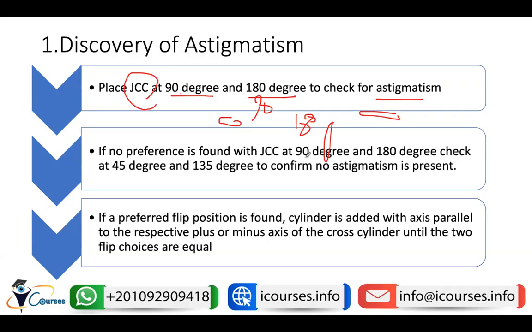Let's say, for example, when you put the Jacksonian cross cylinder at 90 degrees and 180 degrees, the patient has no preference. Then we can check at 45 degrees and 135 degrees. If the patient again has no preference, then the patient has no cylinder.